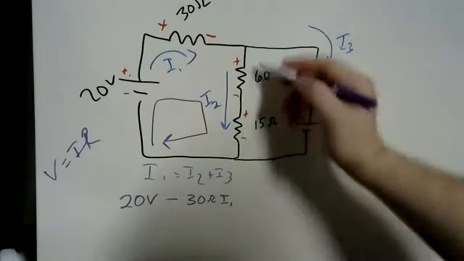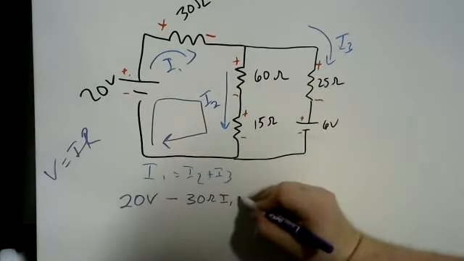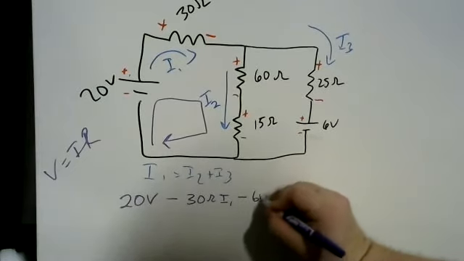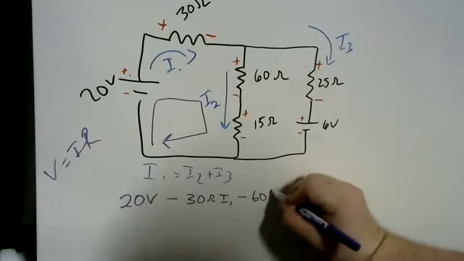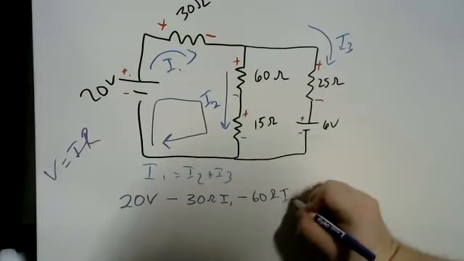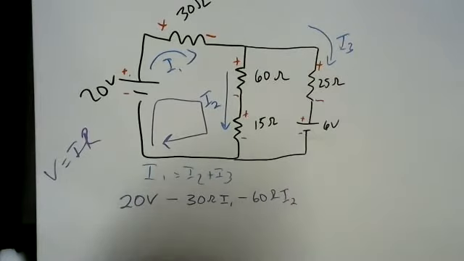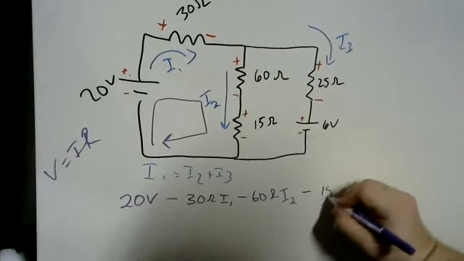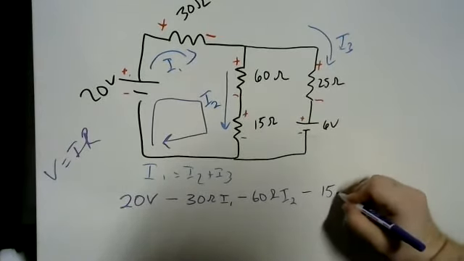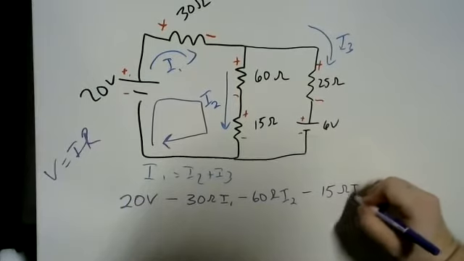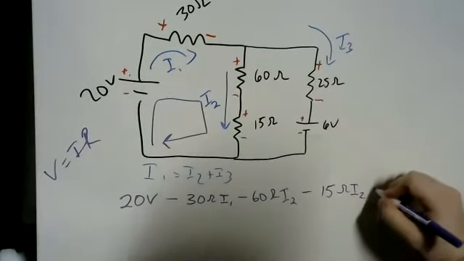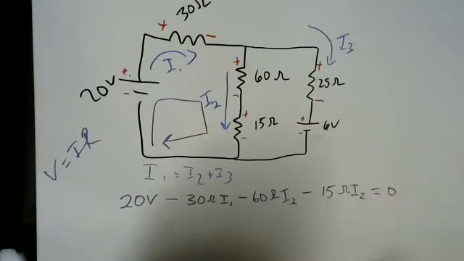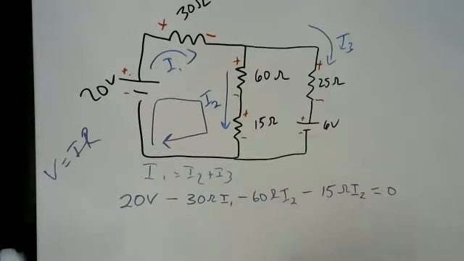And then we're going to go across these, and it's going to be minus 60 ohms times I2, positive to negative again, and then positive to negative here is minus 15 ohms times I2. And this equals 0.